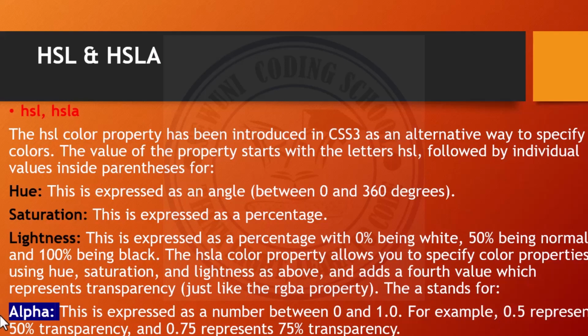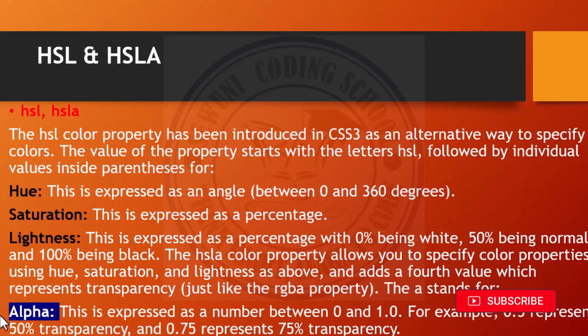Okay, so hue is what? Expressed as an angle between 0 and 360. You know, a circle has an angle of 360 degrees. Half of a circle or a semicircle has 180, just like a straight line has 180. A square has an inside angle, which is the right angle of 90.